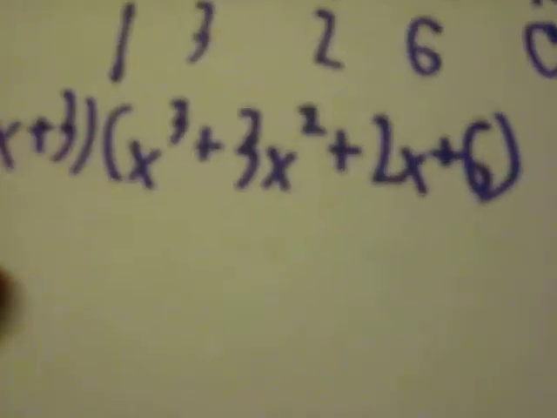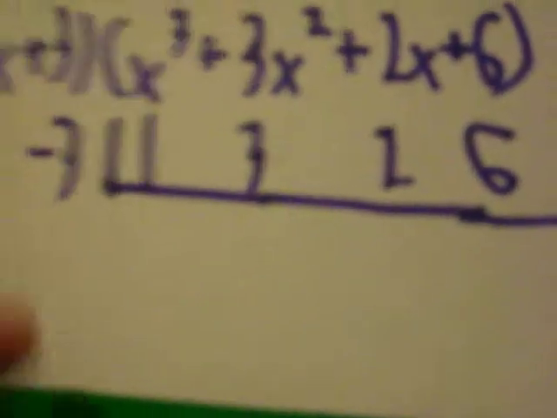In this case, let's use negative 3 again because it will work. So we write it like this: drag the first term down, multiply it by negative 3, you get 0 there.